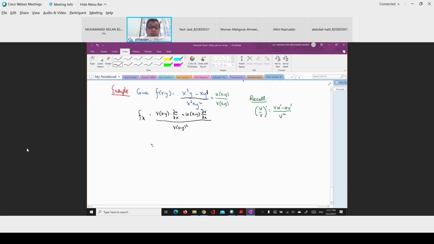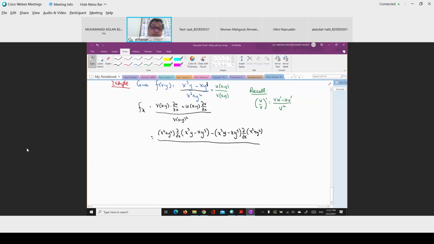Okay. So first we have v upstairs, so it is x squared plus y squared. And then we differentiate u with respect to x, where u is x cubed y minus xy cubed, minus x cubed y minus xy cubed times the derivative of v with respect to x, where v is x squared plus y squared, divided by the square of v, which is x squared plus y squared squared.